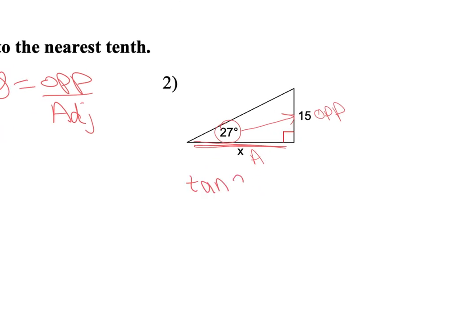Opposite is always on top, adjacent is always on the bottom. In this case, we have x on the bottom, which means we are going to divide 15 by the tangent of 27, which is 29.4.